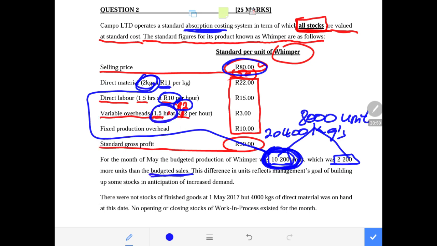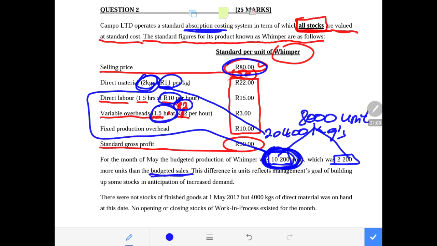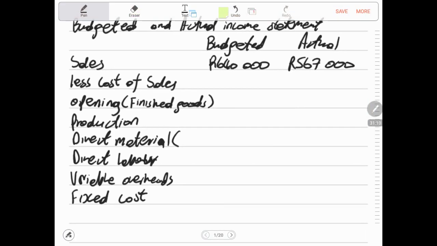This is 20,400 kgs and the standard cost is 11 rand. Therefore we multiply 20,400 by 11, and it gives us 224,400 as our budgeted material. Therefore now we go under our budgeted material, then we record 224,400 rands as the figure.